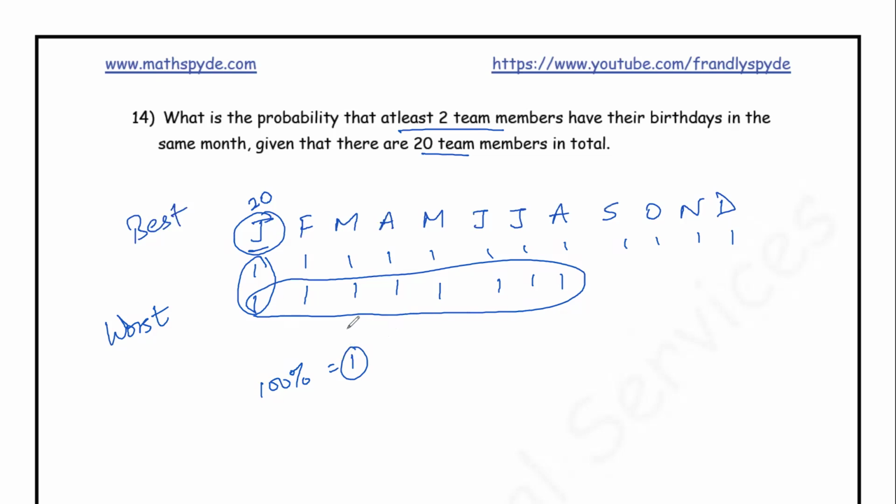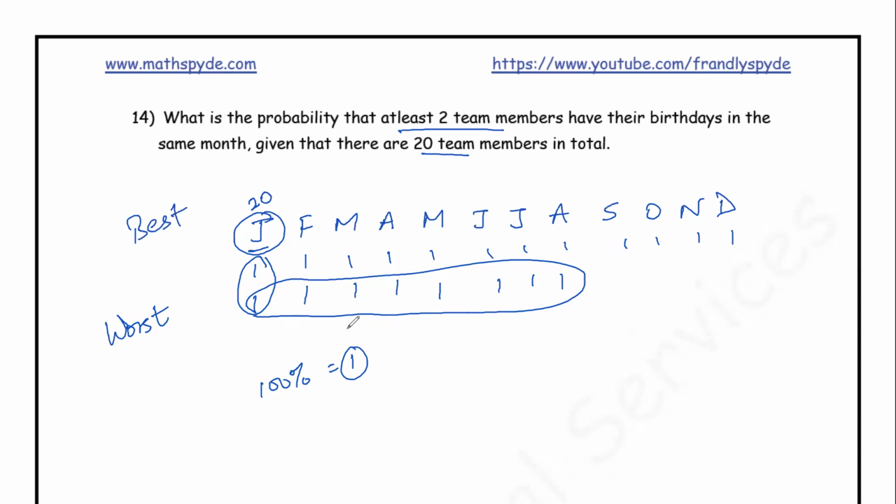There's always a possibility. So always ask yourself a question like, okay, what if there are 8 team members and not 20? What is the probability that at least 2 team members have birthdays in the same month? In the worst case scenario, I could have picked 8 people in any of the 12 months, so for at least 2 people, the probability would be zero.